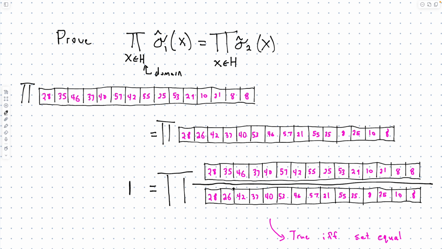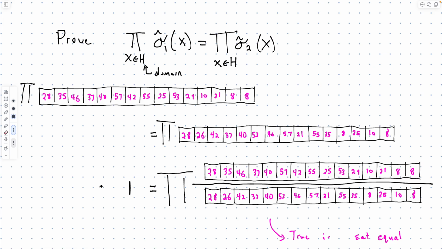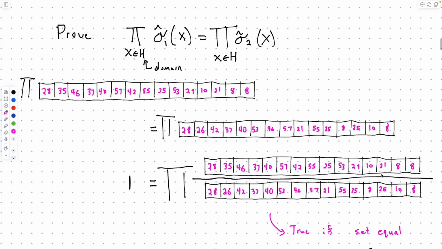And similarly, if they all cancel out, actually, I guess this isn't true. I'm going to remove the if and only if. I'll keep it as an if. Okay, so if they're set equal, everything will cancel out.